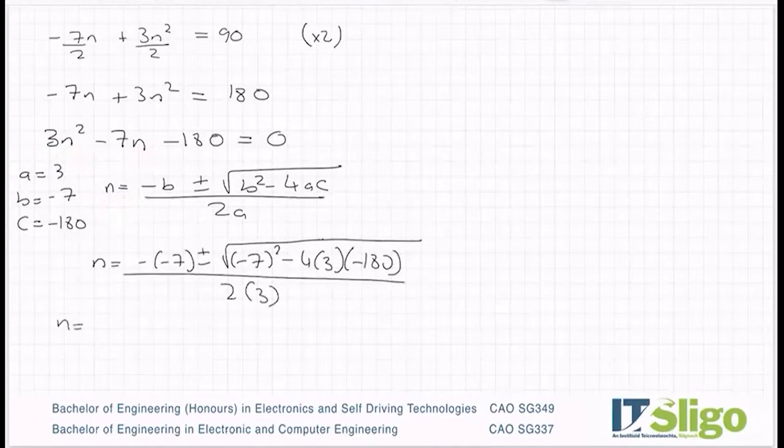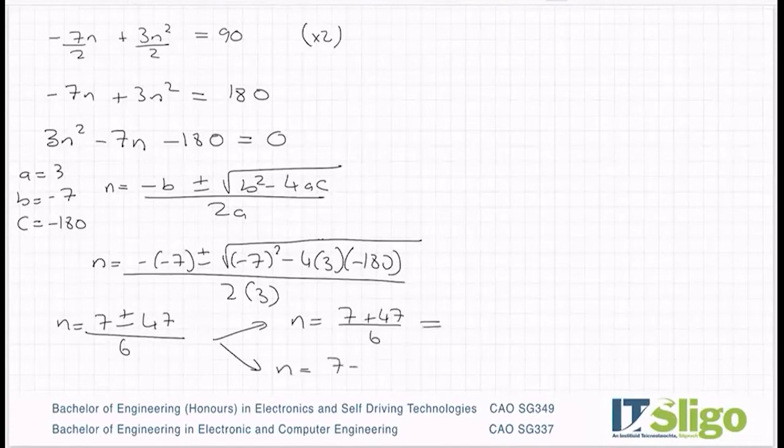So then n is equal to 7 plus or minus, so I'm hitting the square root sign. I'm putting all that's under the square root into my calculator, and I've got 47, all over 2 3s are 6. Let's split them. So n is equal to 7 plus 47 over 6, or n is equal to 7 minus 47 over 6.